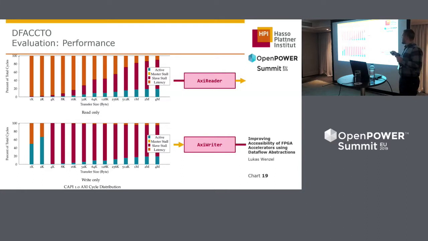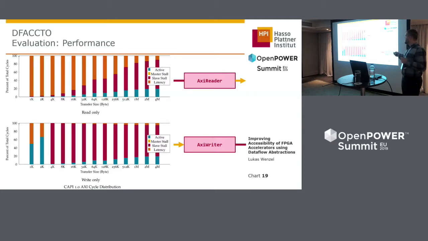And the other part of the cycles are either master or slave stalls. Stall means that either party is able to accept or produce or send data, but the other party in the communication is not able to receive it or produce more data.